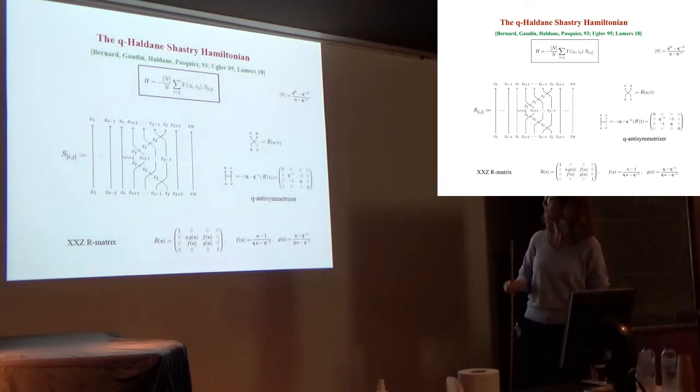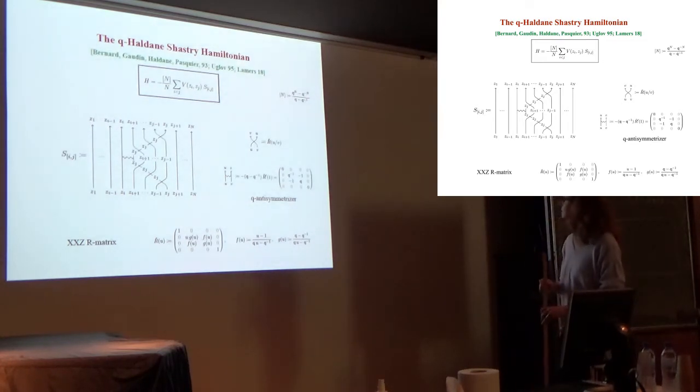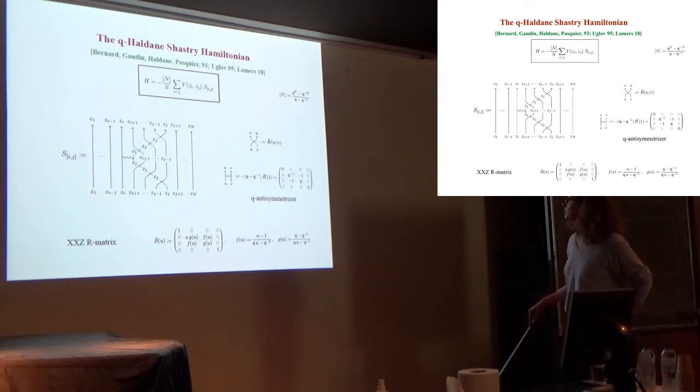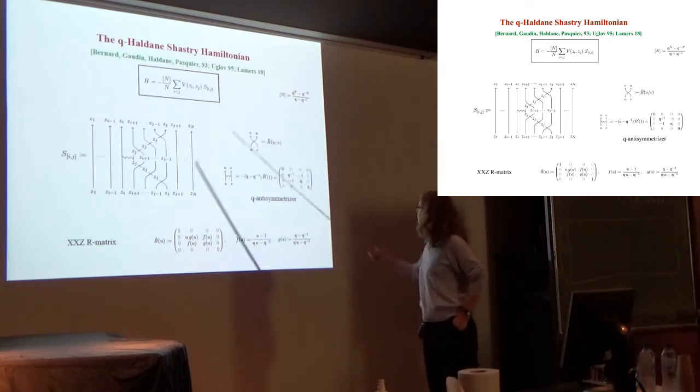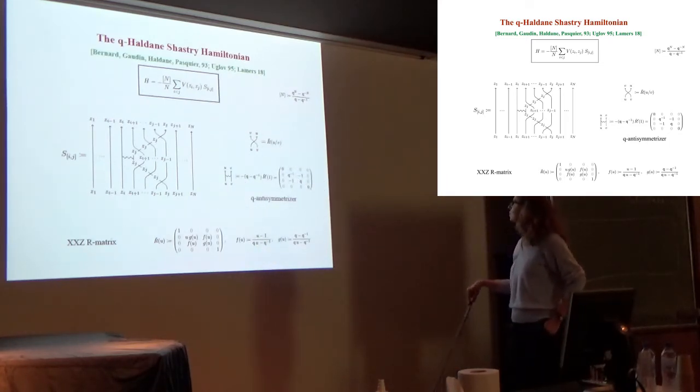So what exactly is this model? You have particles on a circle, equally spaced spins, SU(2) spin-1/2 spins, and they interact via a spin interaction which relates the spin i and spin j on the chain.